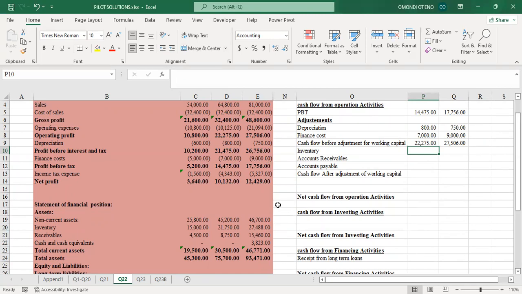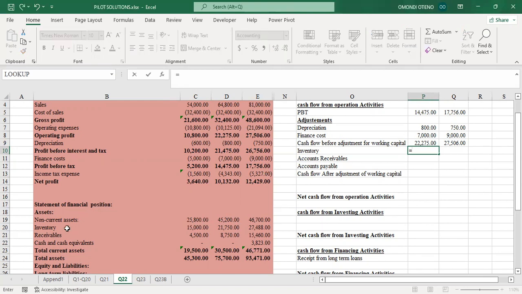If there is an increase, that is a cash outflow. If there's a decrease, then that is cash inflow. So what you do, you take the previous year's inventory minus the current year's inventory to get that effect.